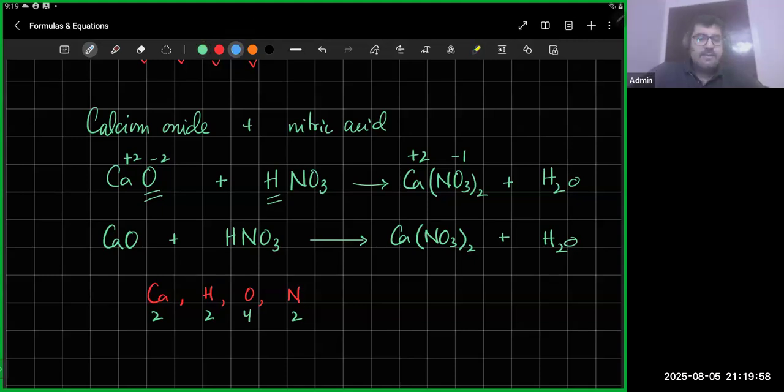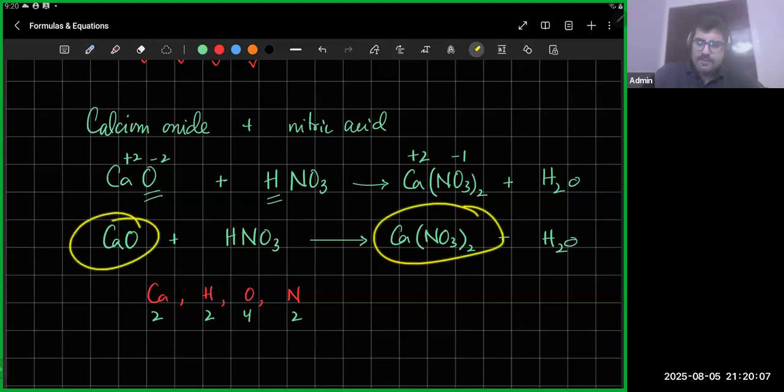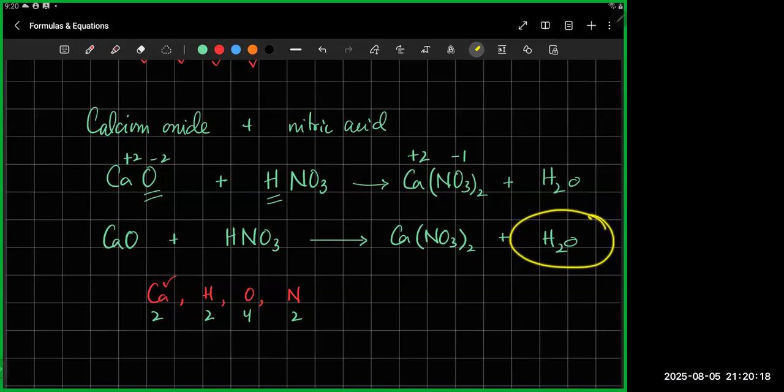Starting with the first one, is calcium balanced? Yes, there's one calcium and there's one calcium over here, so calcium is done. What about H? Is H balanced? No, sir.